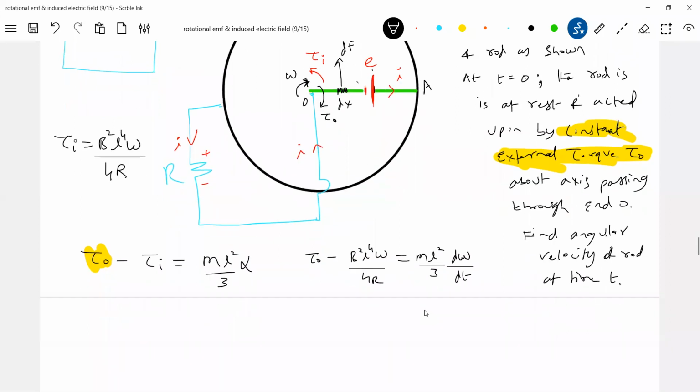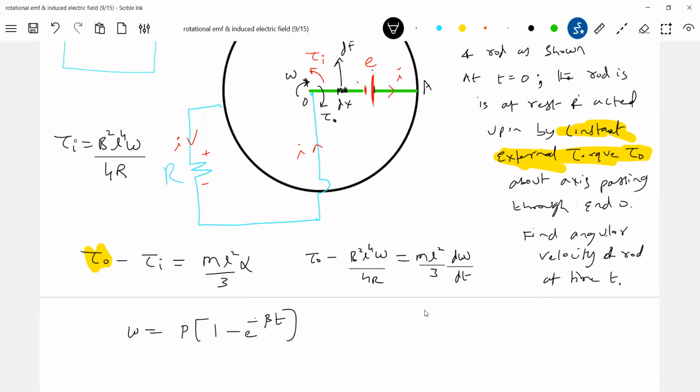So the equation will end up as something like A into 1 minus e to power of minus beta t.